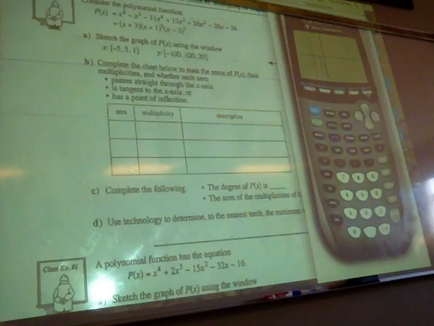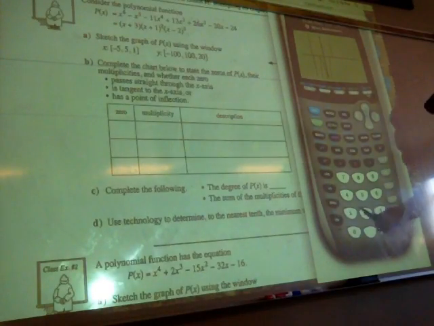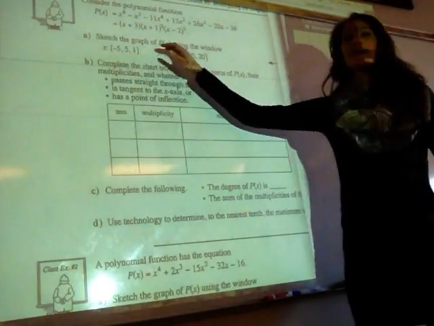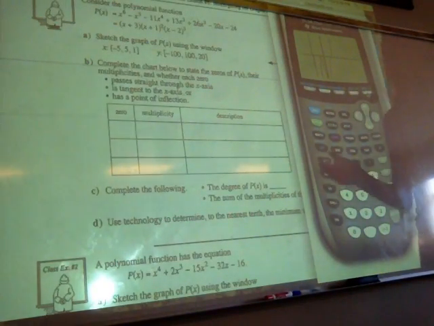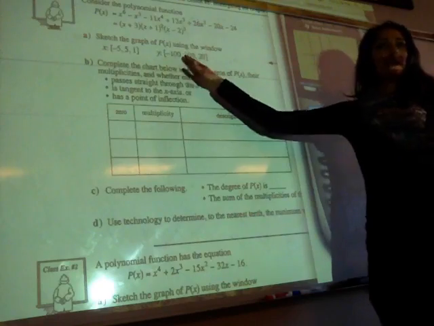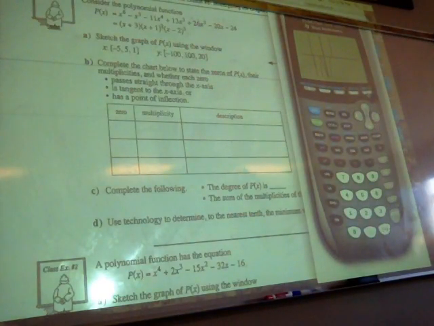Now, this specific question is giving us some awesome window settings that's going to give us an awesome graph. So maybe if you ever see a question that gives you the window settings, take its advice because you'll get a better picture. So let's go to our window settings.